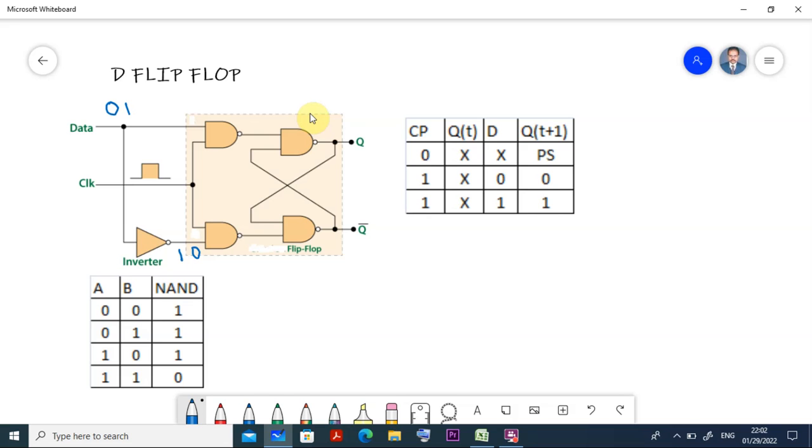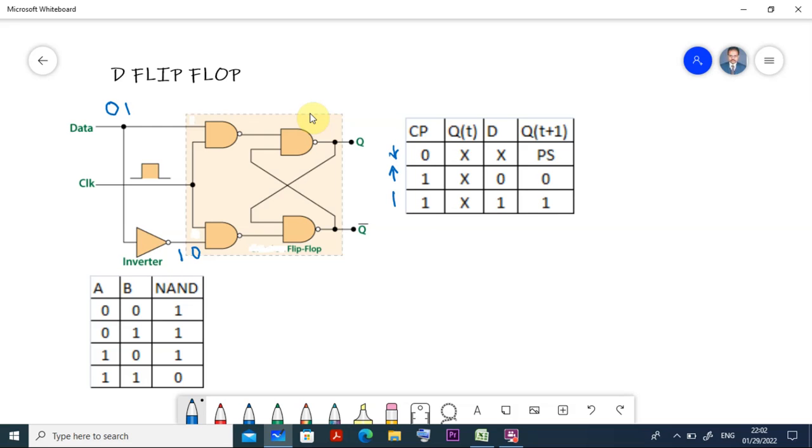Is it clear? Now, for the remaining part, I am providing a clock pulse, CP or CLK, whatever you call it. In the first case, when the clock pulse is equal to 0, make it down like this. When the clock pulse is equal to 1, you make it up like this.